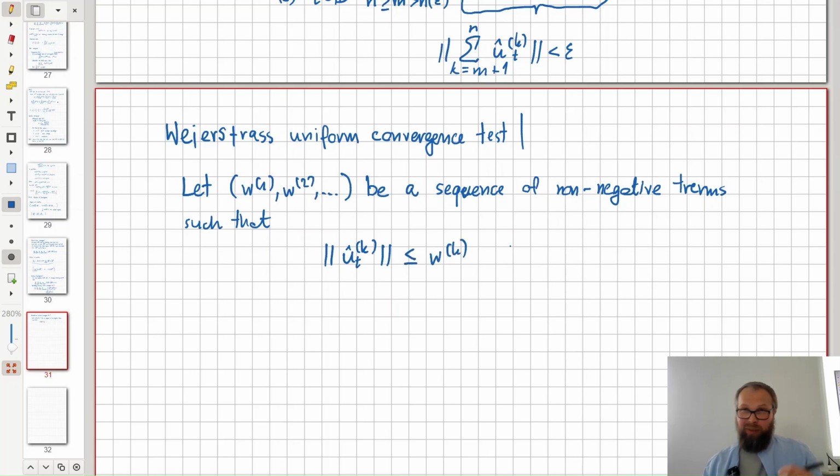So we have a domination for all k, but the twist is for all t in the domain, because this dominating sequence is just numbers, a value sequence with fixed numbers independent of t. There's one guy that dominates all on the whole domain.